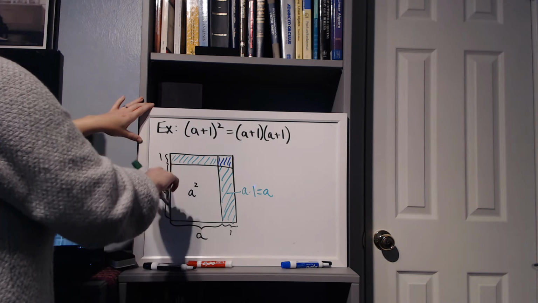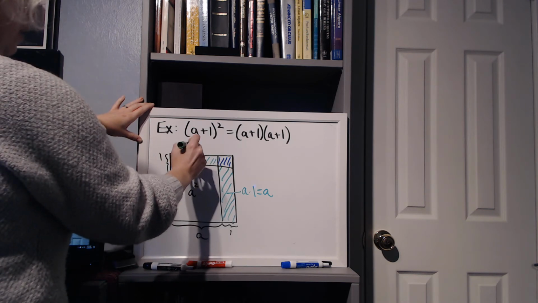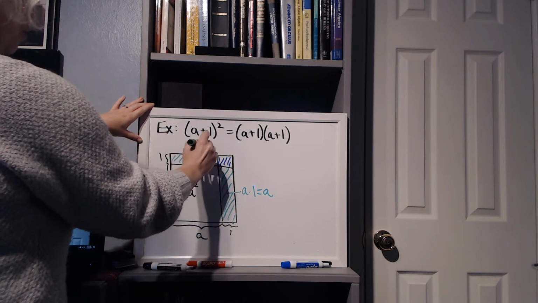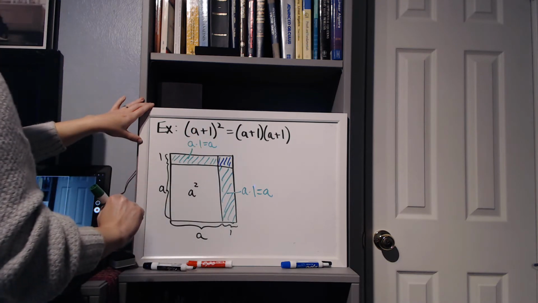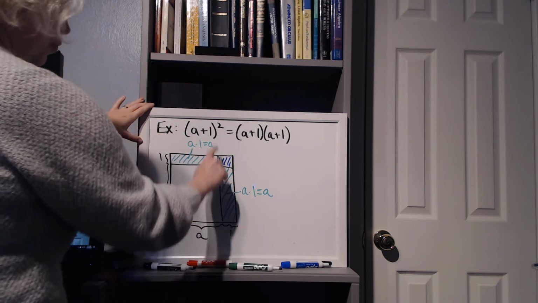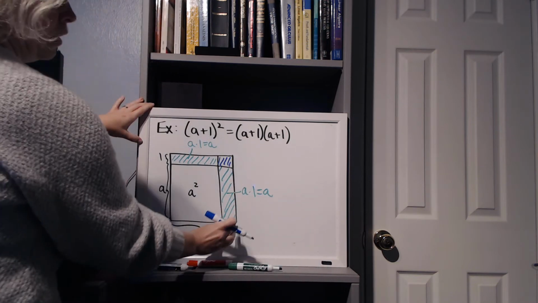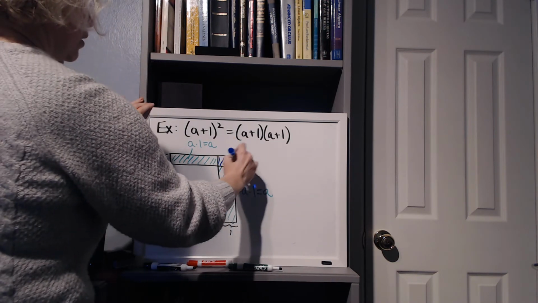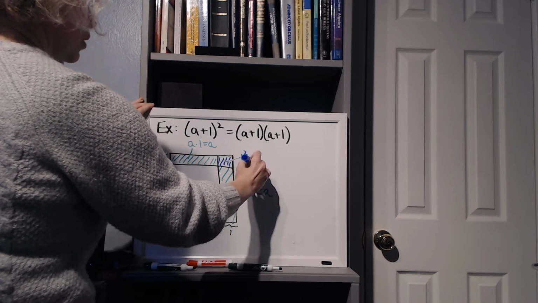Our rectangle at the top, we have 1 times a, or a times 1, because we can switch the order with multiplication. So we get a again for that. And then our blue square up in the corner, that's going to be 1 times 1, so that's 1 squared, which of course we know is equal to 1.